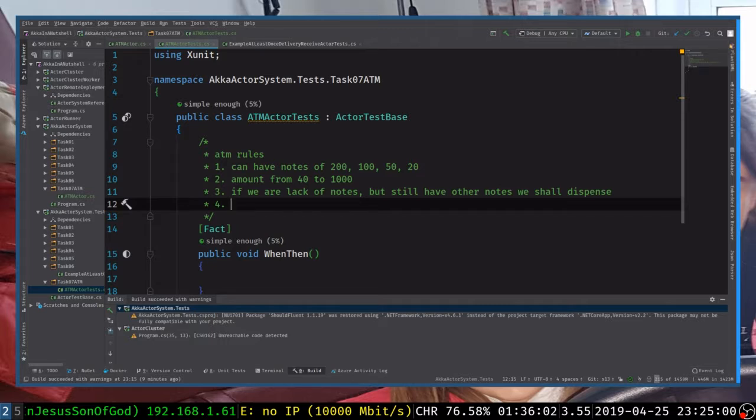what we also need to know about the dispenser, let's make this up. Okay, so the ATM is fed with notes from time to time.